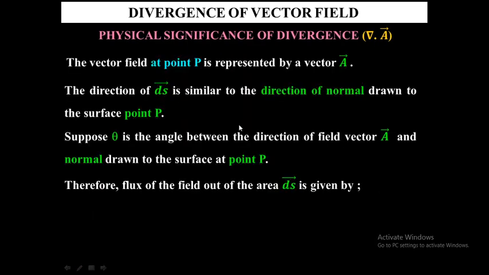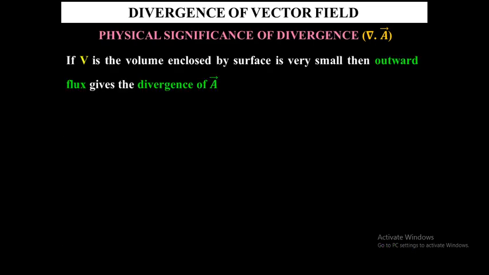When the volume enclosed by the surface is very small, the outward flux out of that surface will be equal to the divergence of that vector field. So this surface integral will be equal to the divergence of vector field A.